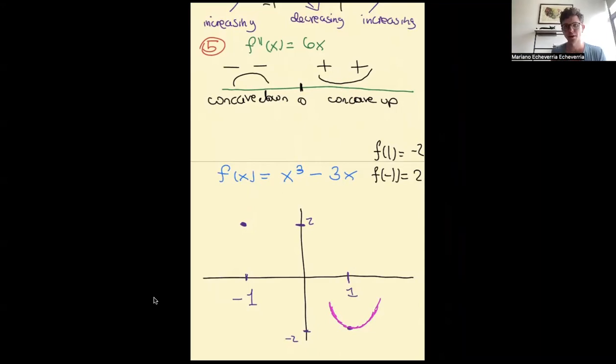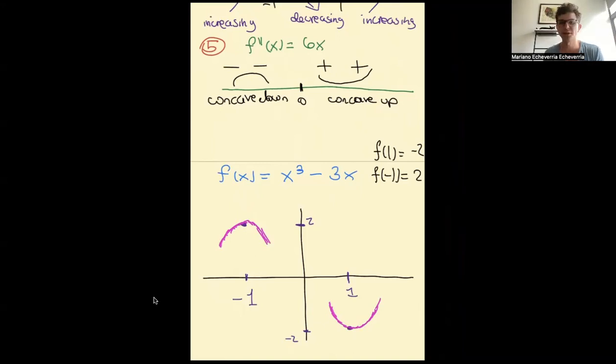And near -1, the function is concave down, because -1 belongs to this region. So you can draw a sad face. Is that making sense?